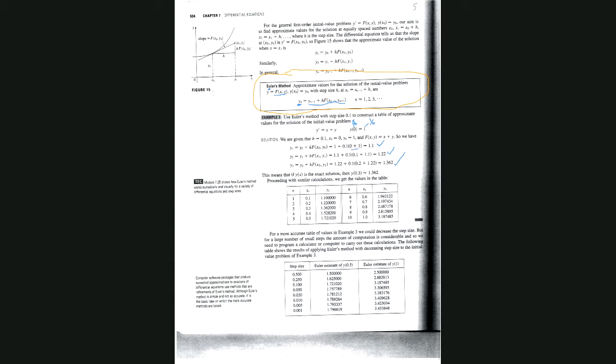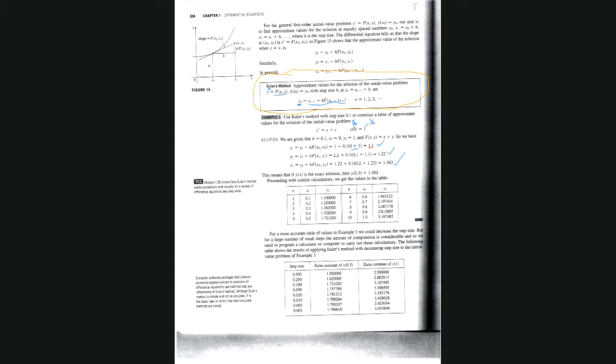Your second approximation, y sub 2, would be y sub 1 plus h times the derivative evaluated at x1, y1. Well, y1 is now this value, 1.1, so that goes here. And then the derivative is x1 plus y1.